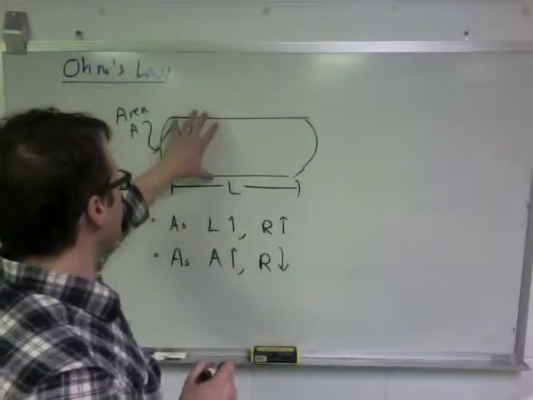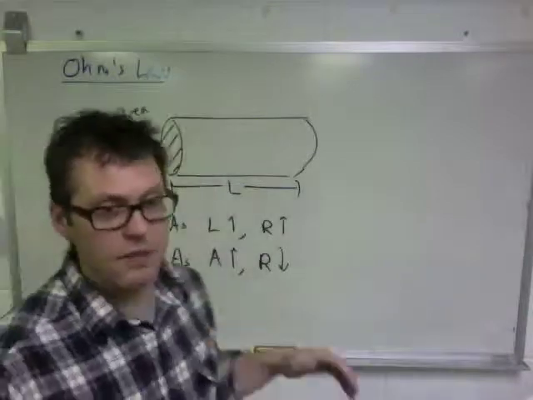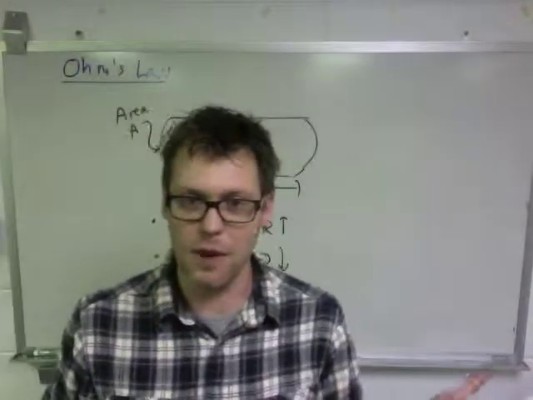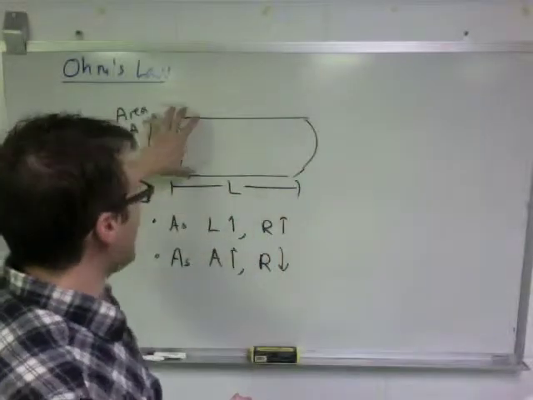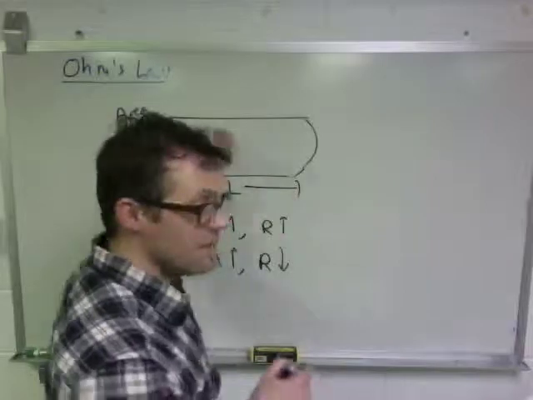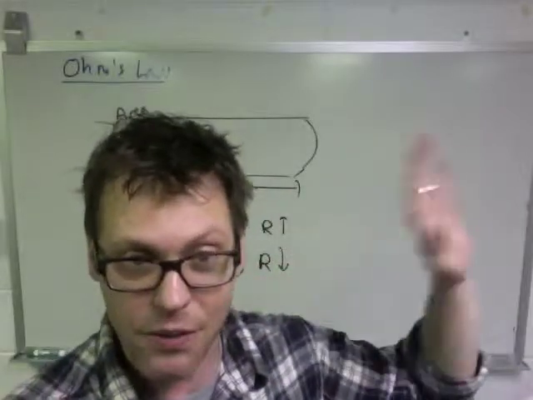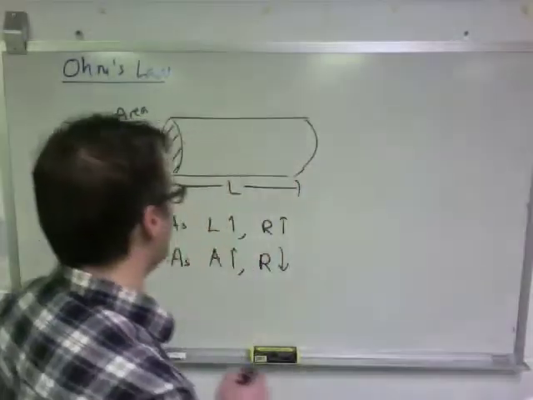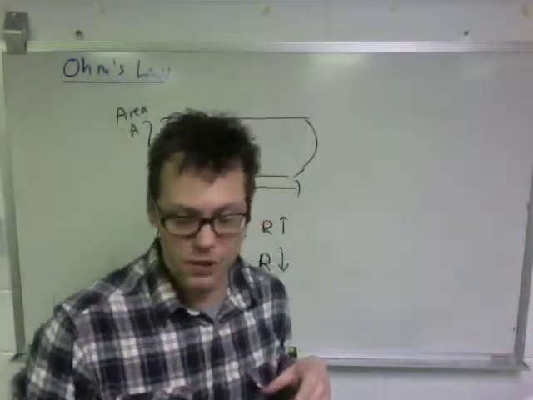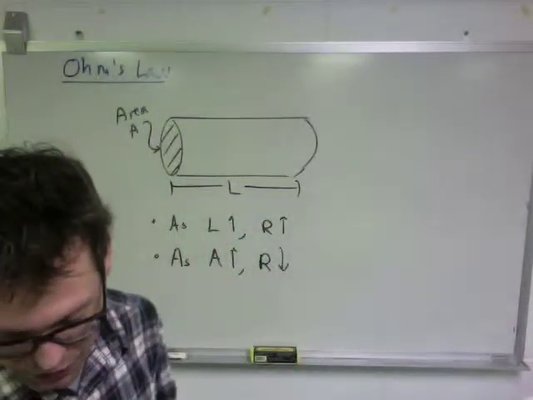If I build this blob out of rubber, then I'm not going to be able to push any charge through it at all because rubber is an insulator. If I build it out of gold, then electrons travel very freely through gold. And so that would make a very low resistance. So it absolutely is important what you make this out of.